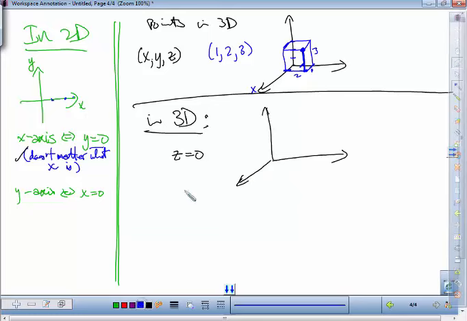So if we draw this, we can say z is equal to 0, right? It doesn't matter what x is, so let's say x is equal to 0, y is equal to 0, then z is equal to 0. Let's say x is equal to 1, y is equal to 0, then z is equal to 0. Let's say x is equal to 0, y is equal to 1, and z is equal to 0.